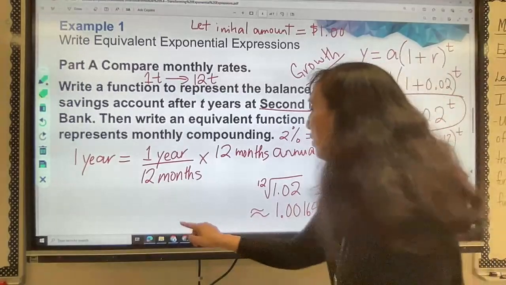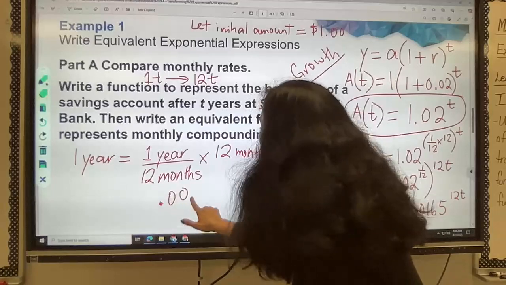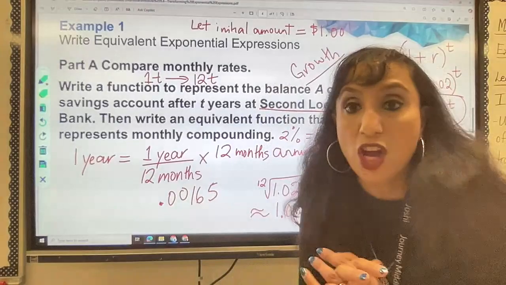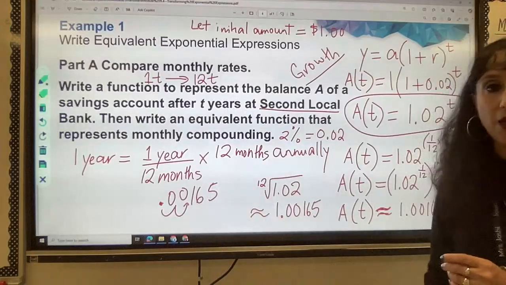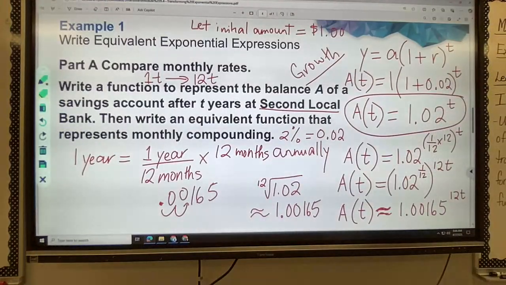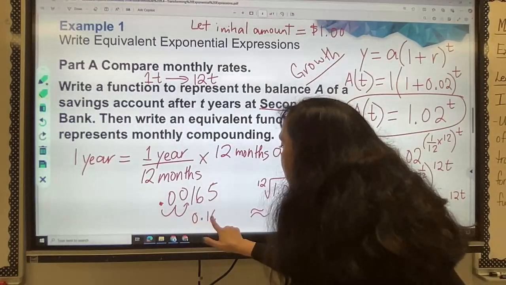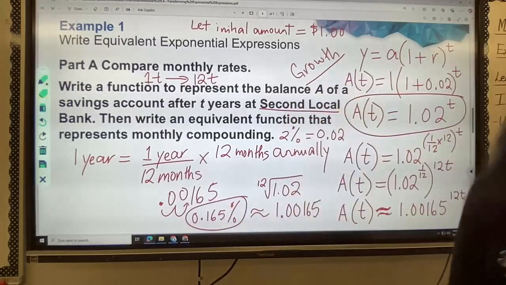I'm changing a decimal to a percent, so I've got to move it 2 places to the right. So therefore, my percent is going to be 0.165% for the second bank.